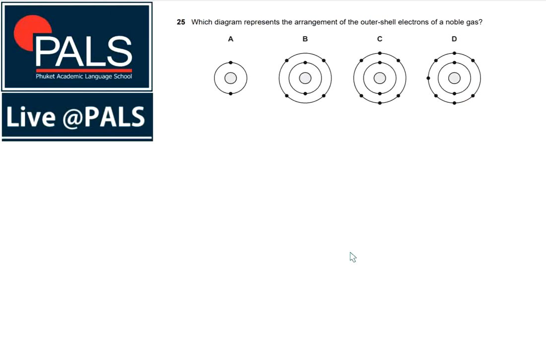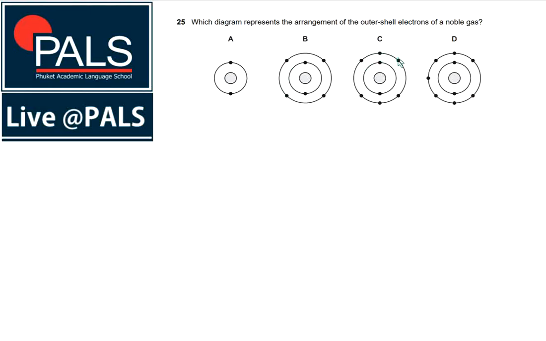Which diagram represents the arrangement of the outer shell electrons of a noble gas? We all know that noble gases have 8 electrons, a complete shell, in their outermost electron shell. However, there is an exception for helium, which has 2. If we look at B, there are 4.